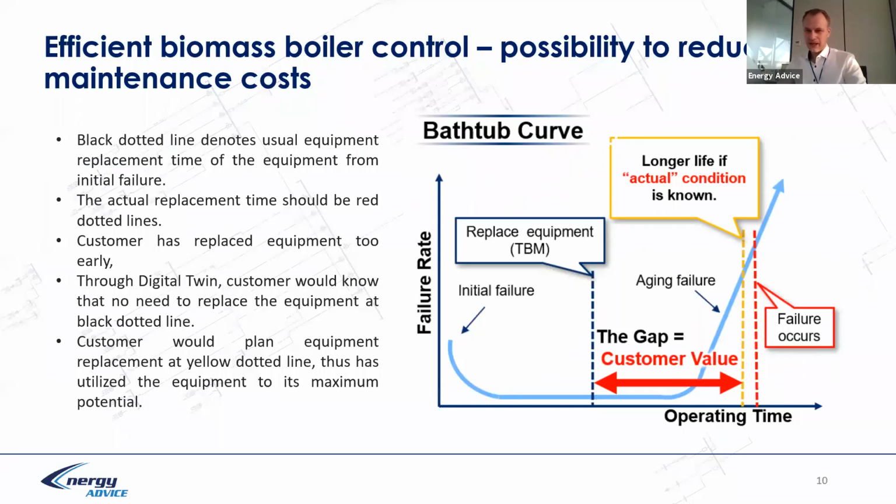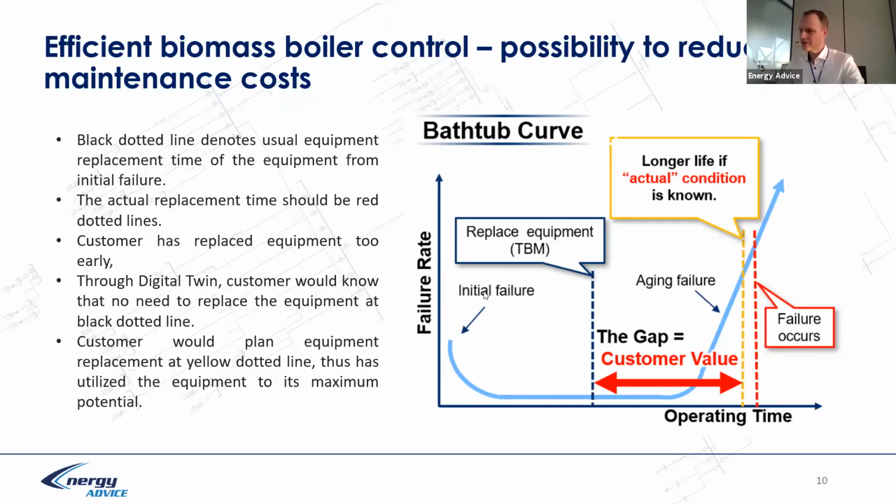We should come back a little bit to the theory about maintenance. It's the bathtub curve, you remember from university time. We have the bathtub curve, which is the failure rate, and it has an initial failure rate when we build a boiler, and we have quite a high initial failure rate.